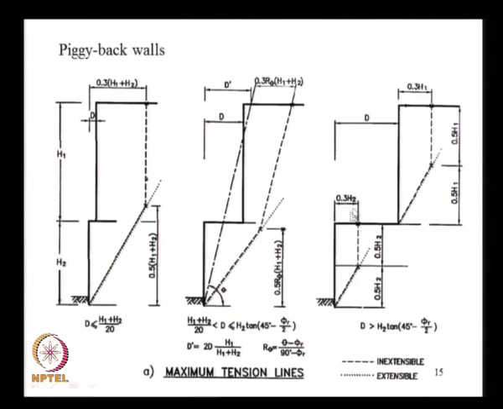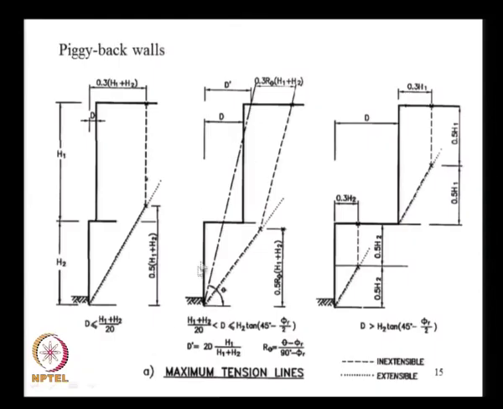This is for the case of this offset being more than the width of the Rankine active wedge at the top of the respective wall, and our particular case is in between this purely vertical or purely independent walls.